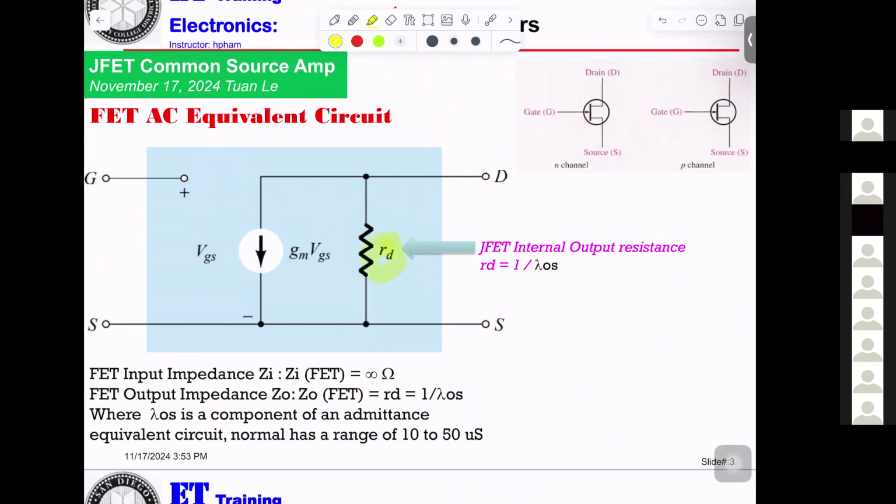Basically it will equal 1 over lambda, OS. That's given, see right here.